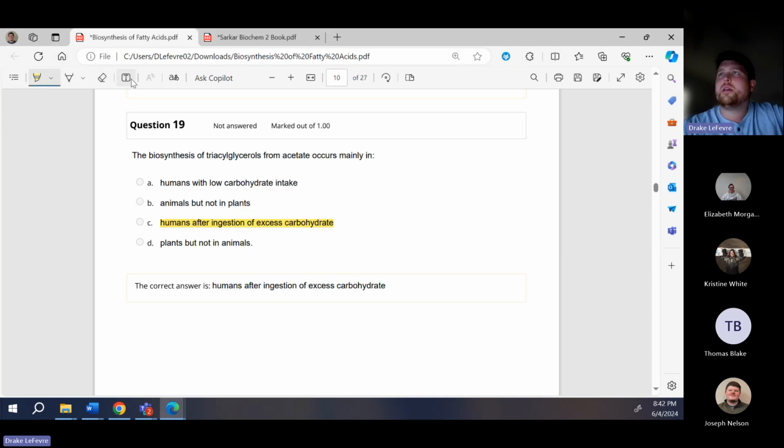My guess, just from a quick look at it, B and C might both be acceptable answers. Let me see real quick. Do plants produce acetate? It looks like some plants can use acetate.